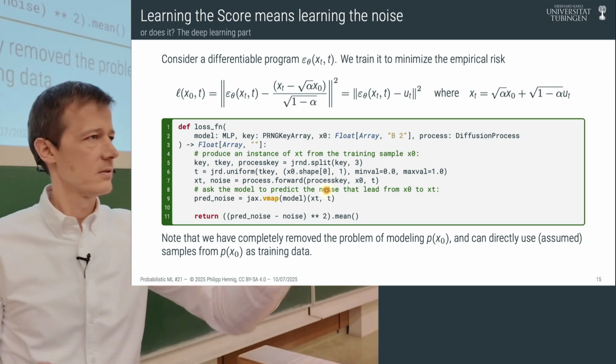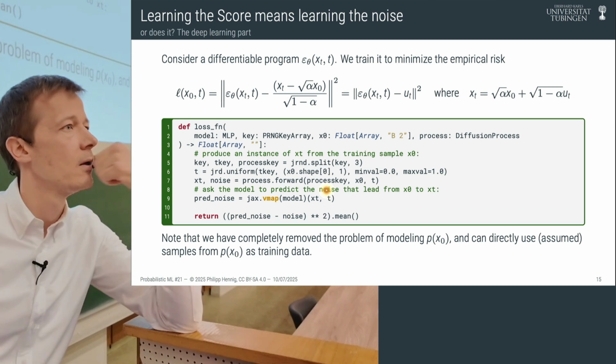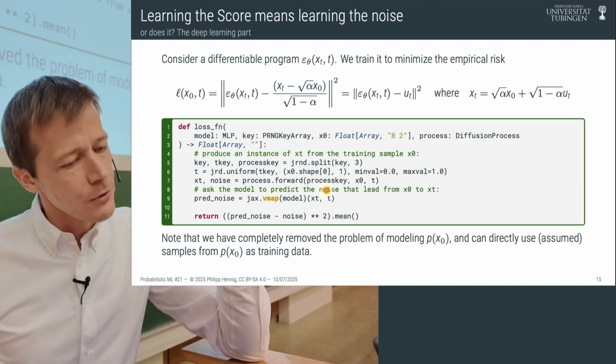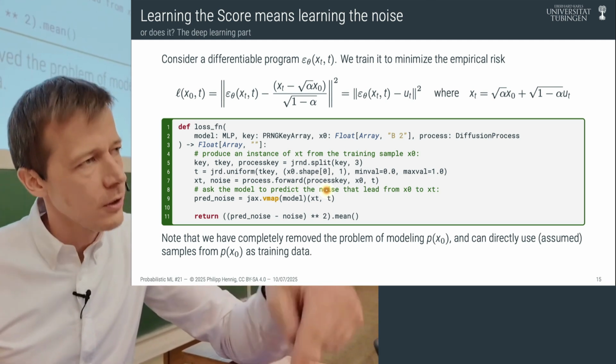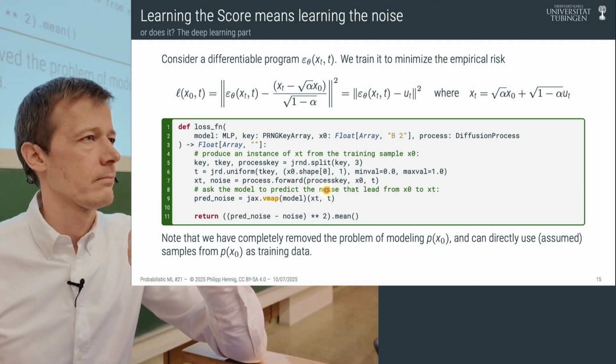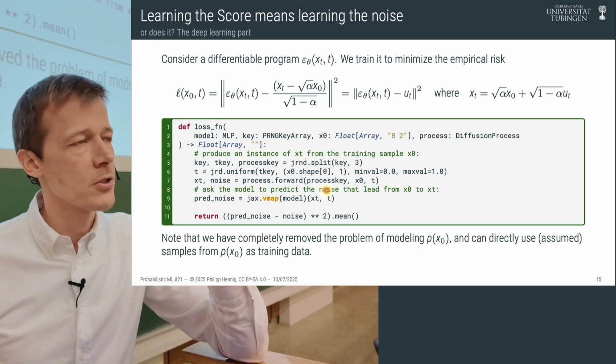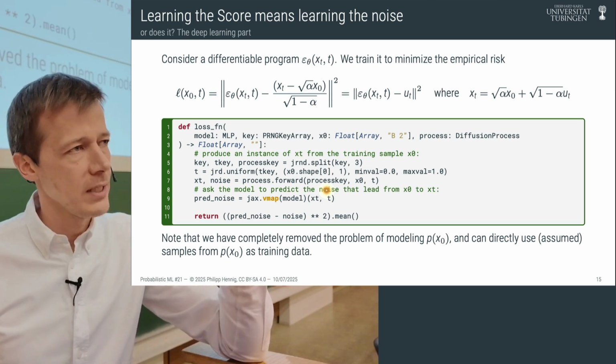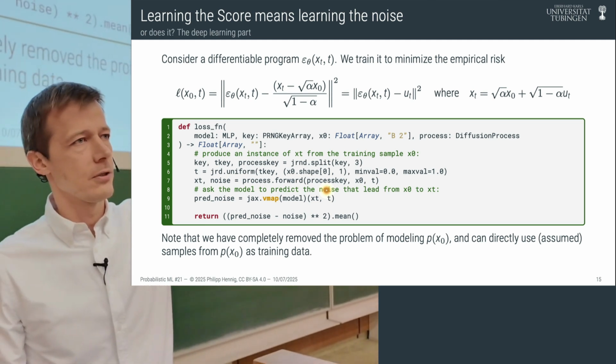Question? Two questions. Let's start at the back. Xt is Gaussian distributed when conditioned on x0. The marginal distribution of xt is not Gaussian. But you get to xt by taking x0 and adding Gaussian noise.